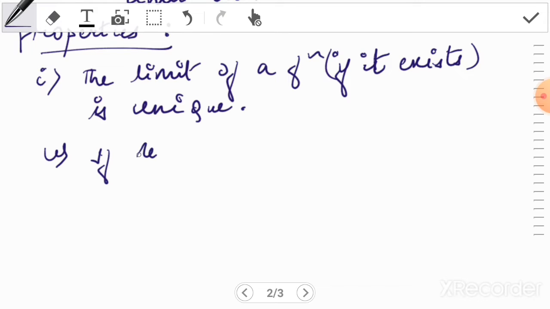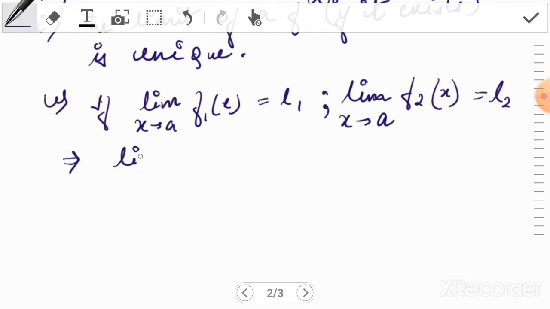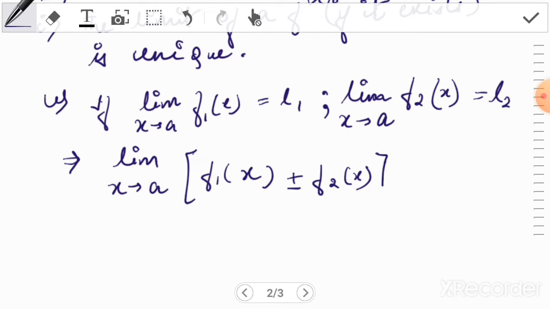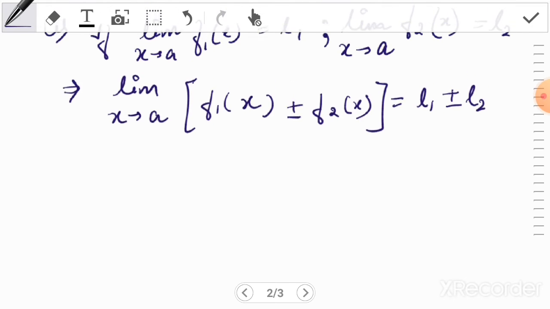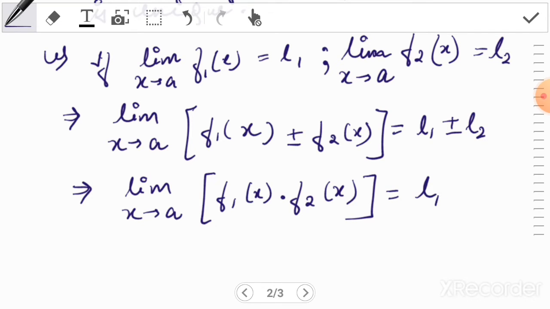The second property is, if limit x tends to a f1(x) is L1 and limit x tends to a f2(x) is L2, then limit x tends to a f1(x) plus or minus f2(x) is equal to L1 plus or minus L2, and limit x tends to a f1(x) into f2(x) is again L1 into L2.